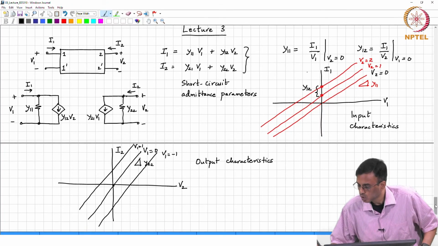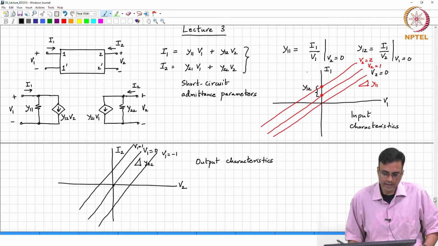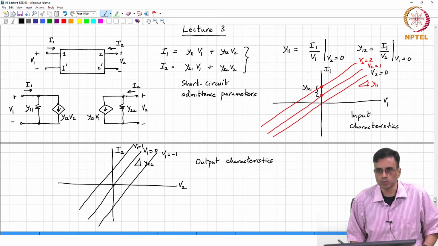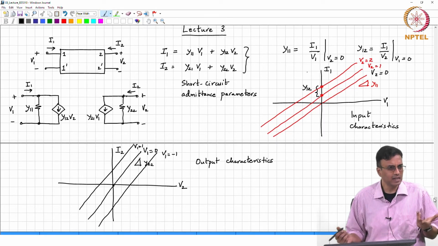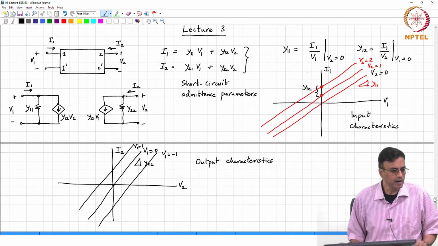All right. The next question I would like to ask you is, what is the minimum number of terminals needed to make a 2 port network? You need 3 terminals, because one terminal can be shared between the input and output ports.